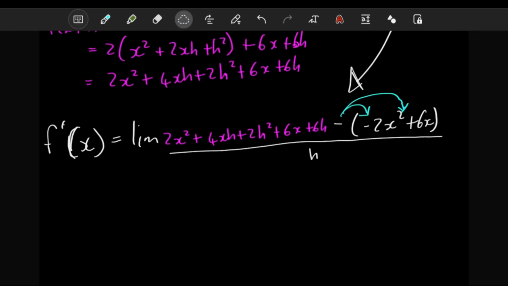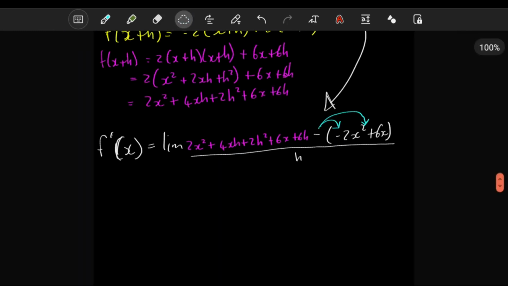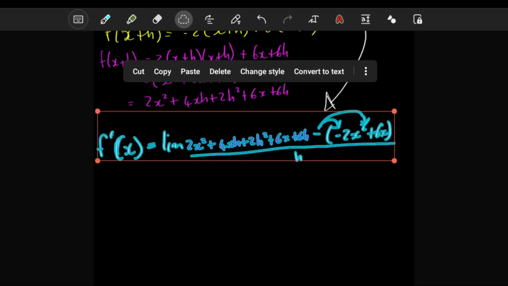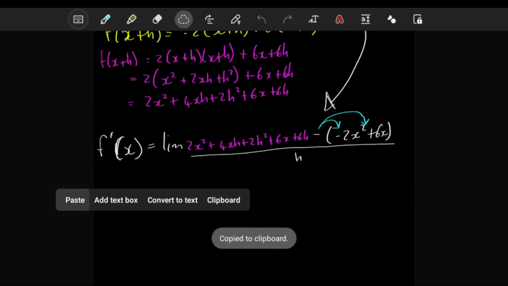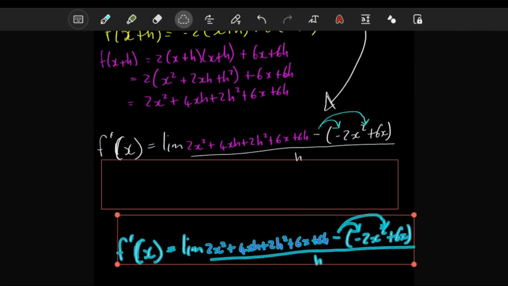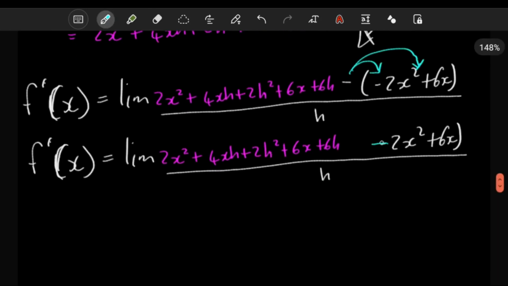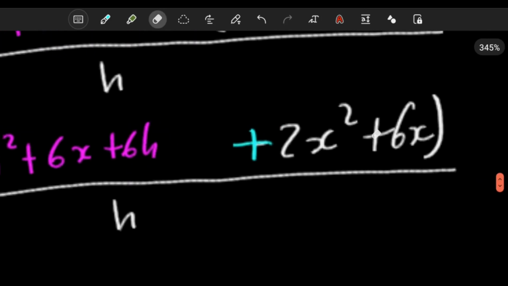To save time, you can always just write the values for f of x that you're dealing with as the opposite. But for the sake of explaining, you're just going to multiply inside. The moment you multiply inside, this is going to come out as a plus, and then this is going to come out as a negative.